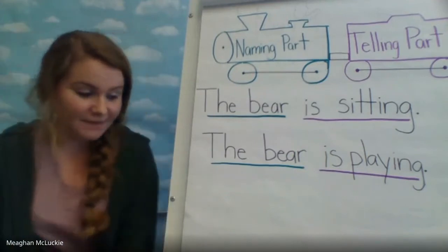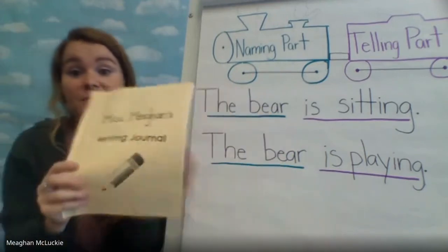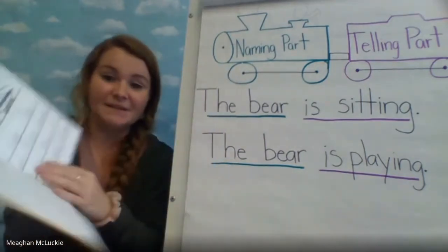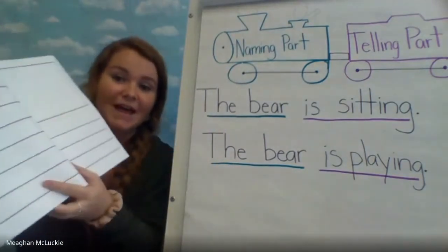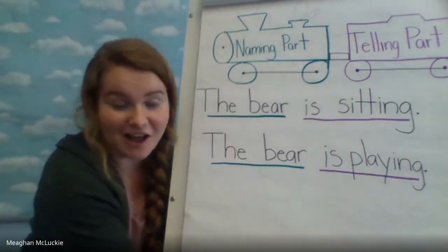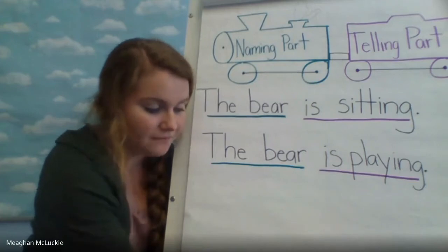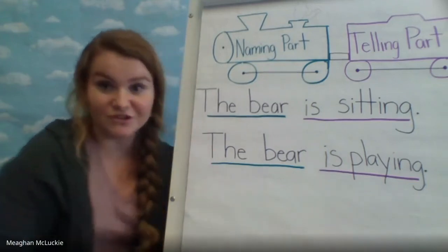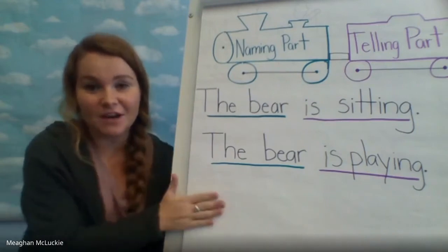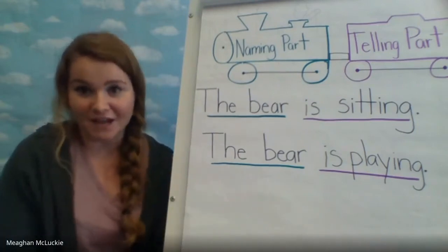And also, we talked about something to write on. So hopefully you all have your own journal you could write in. Maybe it looks something similar to this with lines to write on. Or maybe you have a piece of paper to write on. But hopefully we're all going to have our own journals soon. But if you don't have a journal today, that's okay. You can write on a piece of paper, or if you have a whiteboard, you can write on that too.